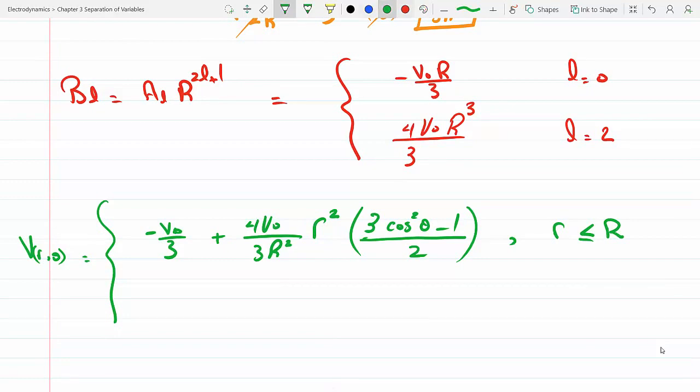Now for r greater than R, let's do this in blue. This is going to be BL.